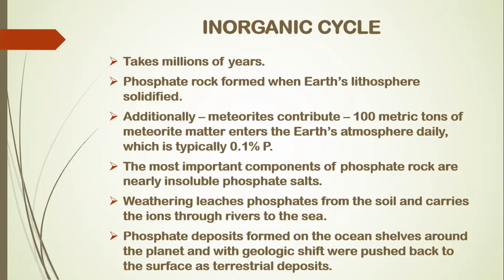This is going around the planet. This same thing is happening. And with the geologic shifts, the tectonic shifts, the Earth's plates, when they're pushed back to the surface, these become deposits of phosphates on the land. Next slide.